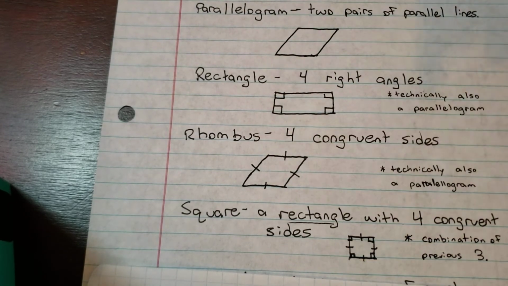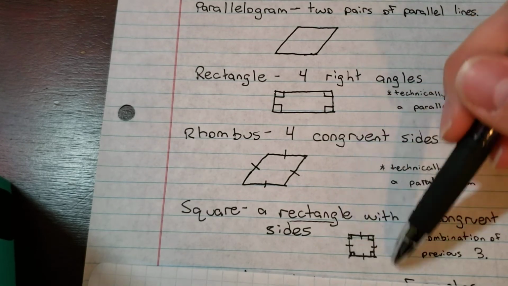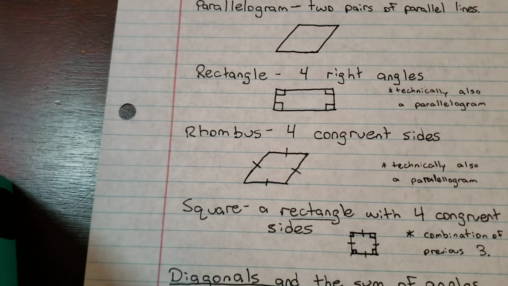And again, like we saw on, I believe it was the last or the first page, a square is a regular quadrilateral.